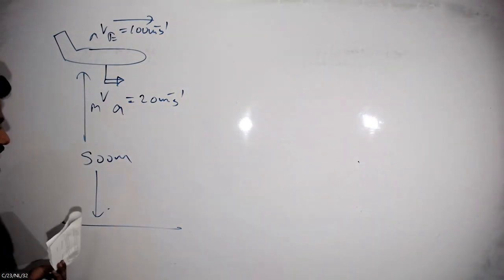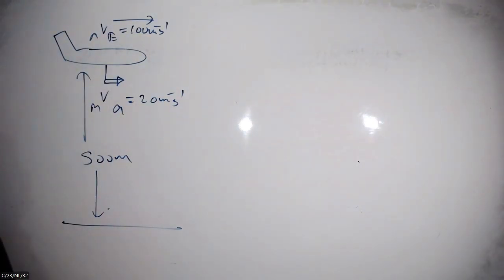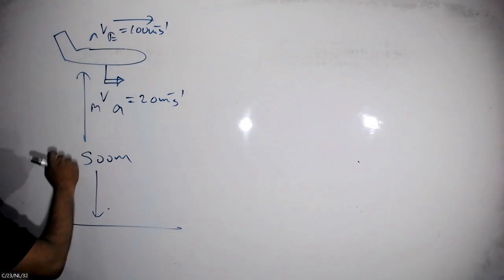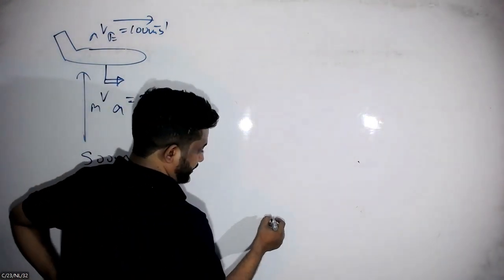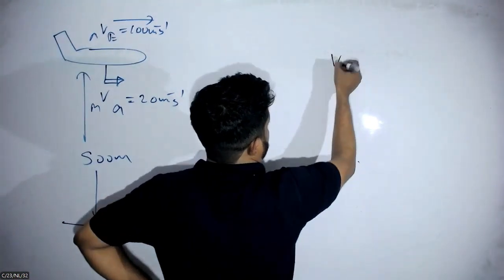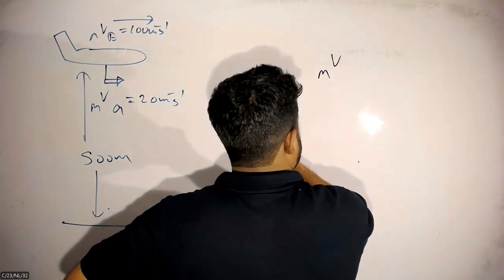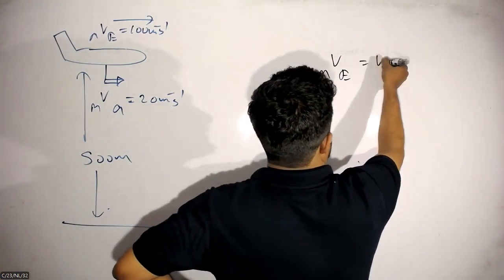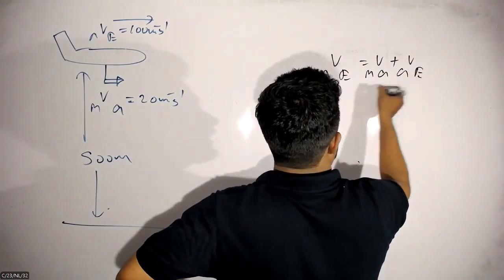First of all, you need to find the velocity of the missile with respect to Earth. Here, the velocity of the missile is given relative to the aircraft. Now you need to identify the velocity of the missile with respect to Earth.